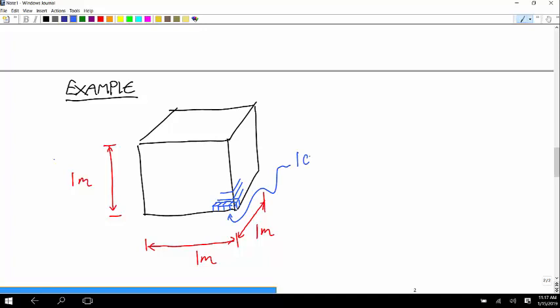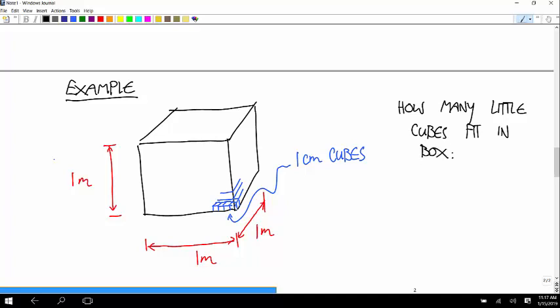So these are 1 centimeter cubes. How many of these little cubes fit in this big box?